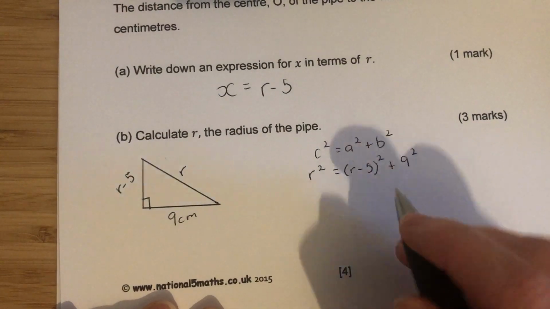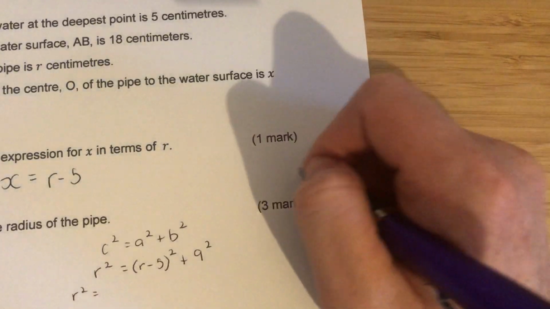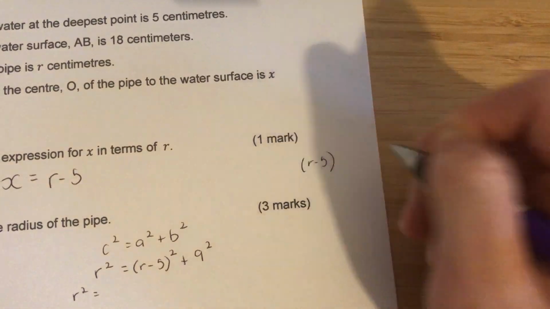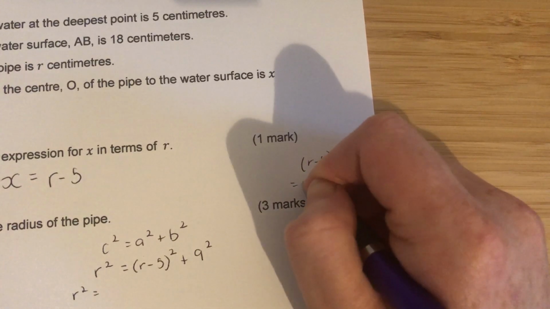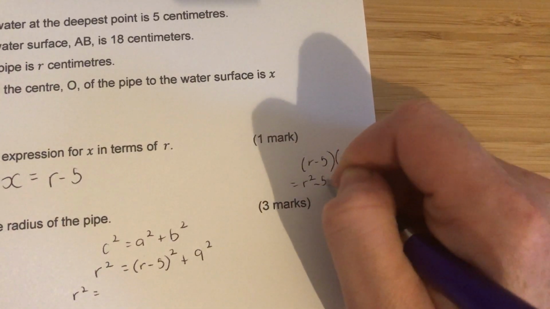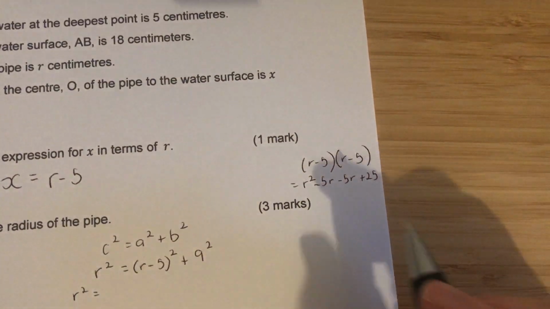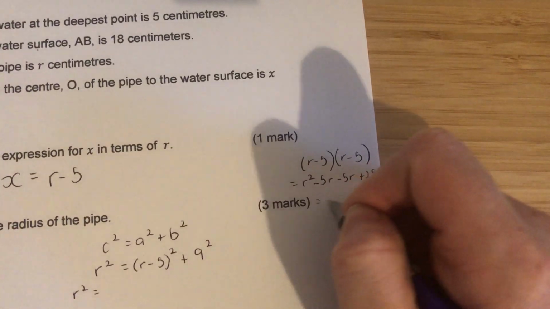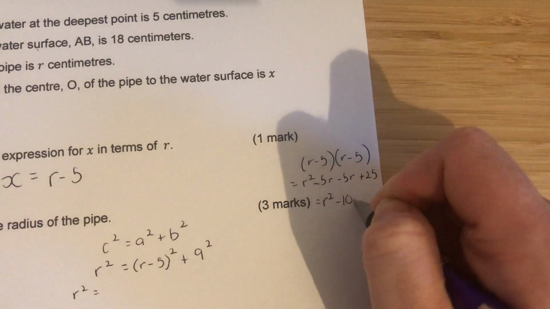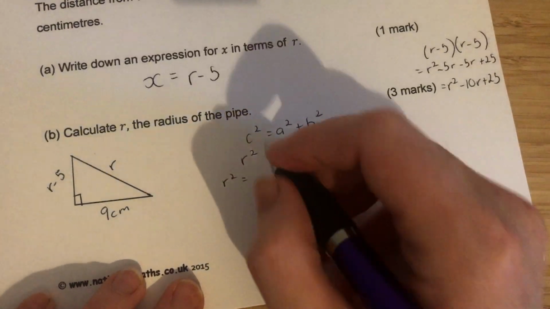So we need to multiply that one out. You've got a double bracket. Let's just do this at the side so I've got enough space when I'm writing. R minus 5 squared is r minus 5 times r minus 5, so that becomes r squared minus 5r minus 5r plus 25. If you want to pause for a second and check where I got that from, you can. That equals r squared minus 10r plus 25. Let's substitute that back in.